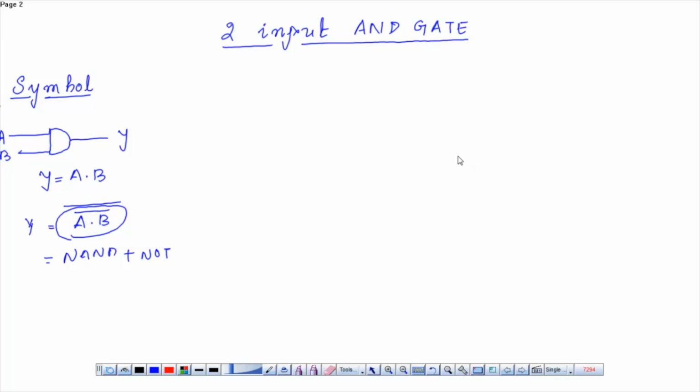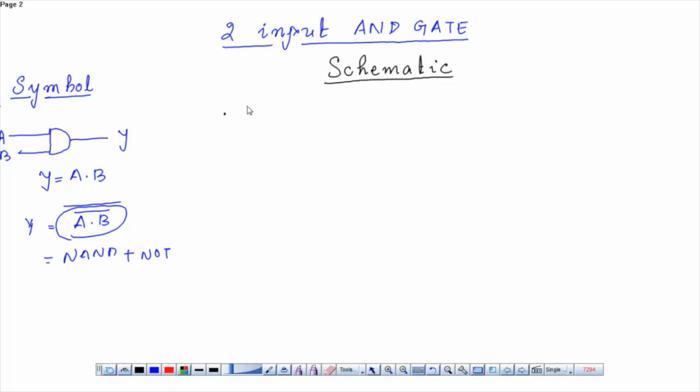Now let's see the schematic of this A dot B. How do we represent a dot operation in terms of NMOS and PMOS?